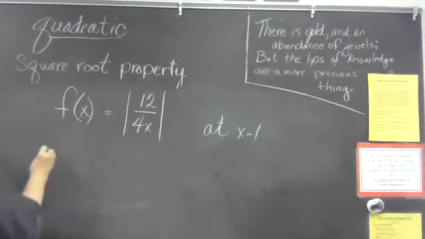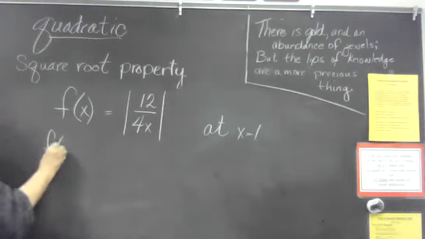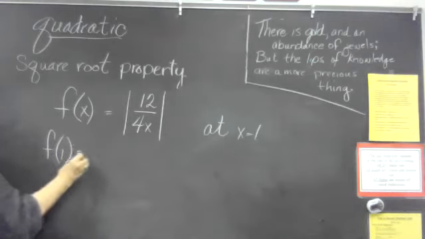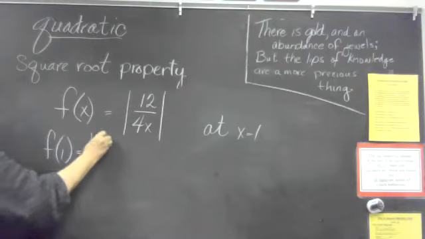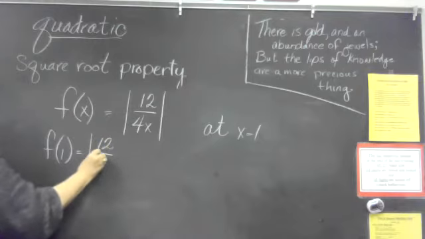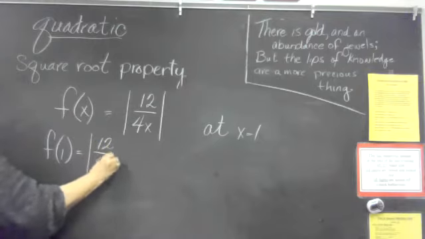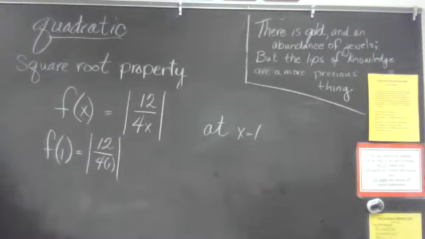So f of 1, the absolute value, 12 over 4 times... we need to do what's inside the parentheses absolute value sign.